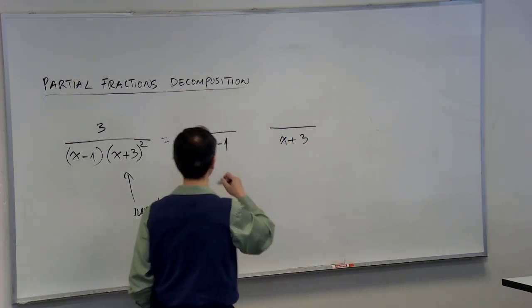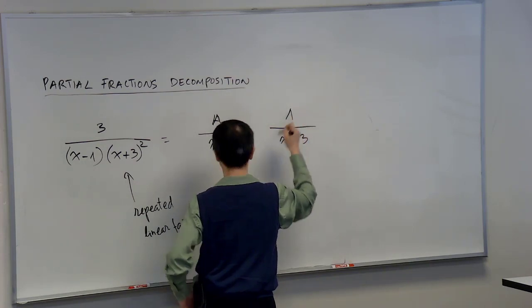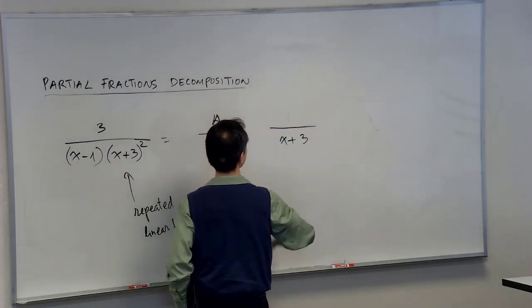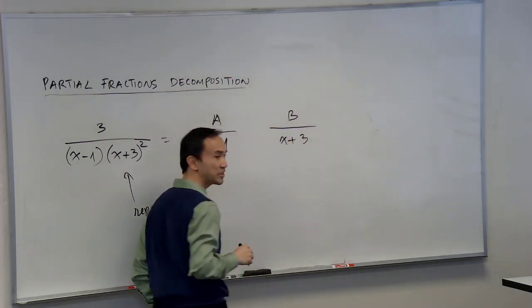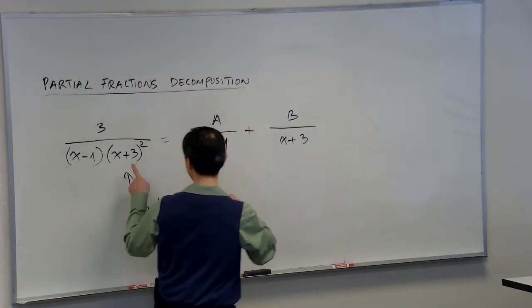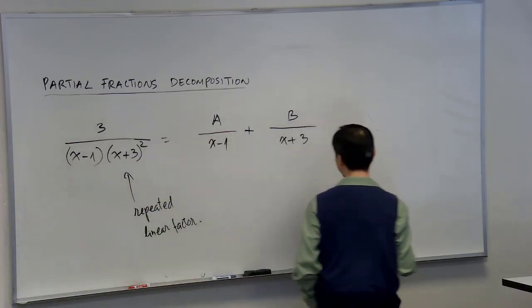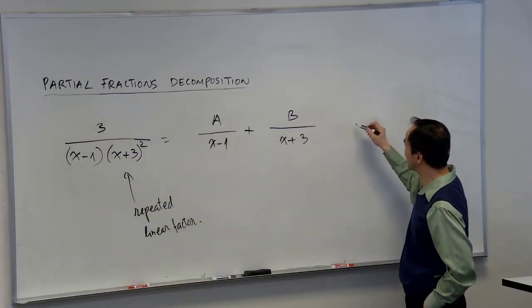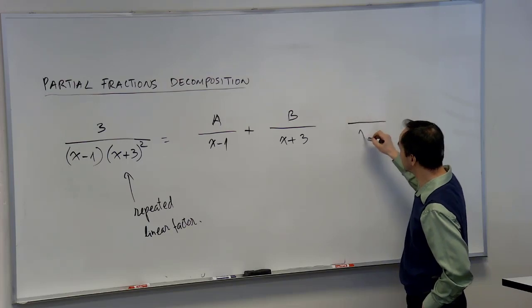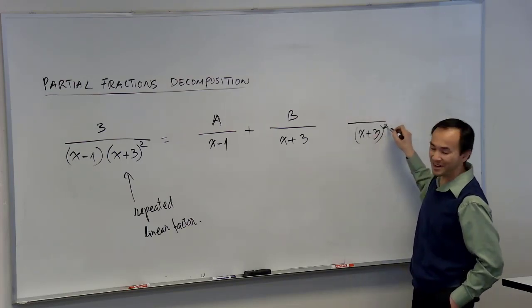You're going to put a coefficient on top of each of the distinct ones, just like usual. We need a distinct coefficient on each of those. But then there's one distinct factor being repeated, so I'm going to have to produce an x plus 3 but squared. Are you with me on that? x plus 3 squared.